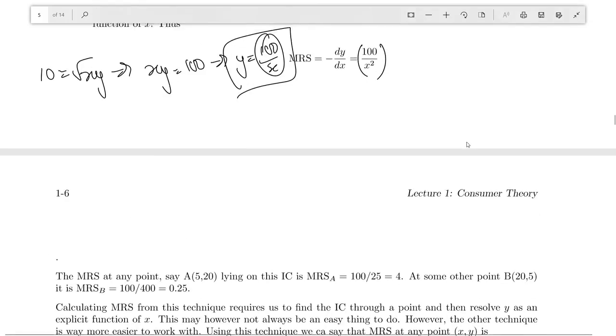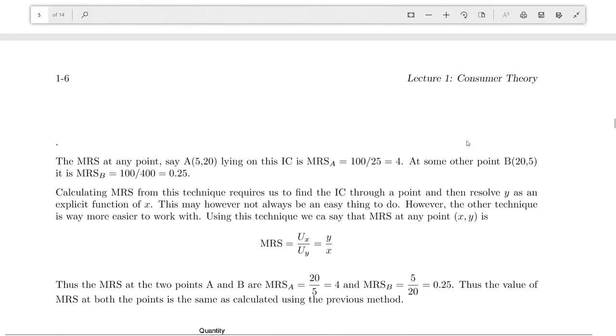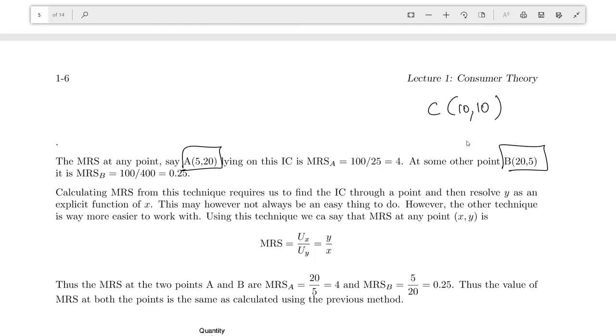Now, after you calculated MRS, I am interested in finding MRS at 3 points. Point A 5, 20, point B 20, 5, and let's say one more point, point C, that is 10, 10. Okay. So my MRS value is 100 upon x square.